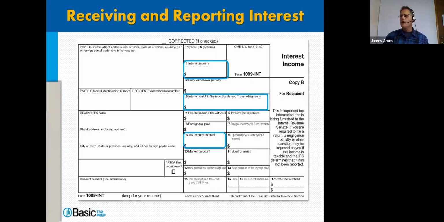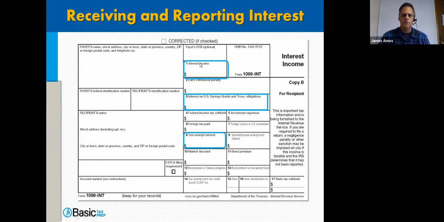So let's talk about receiving and reporting interest. Now that you kind of know what's there, how do you know where to find the interest and how to report it? Most of the time, most of your interest is going to be reported on a 1099-INT interest income statement. You'll find your basic interest right there in box 1.